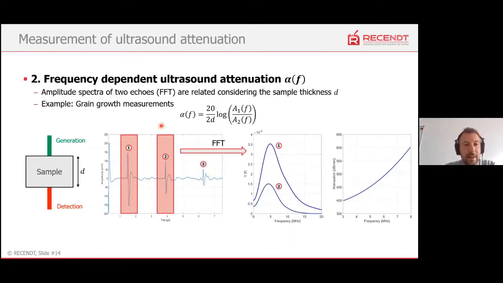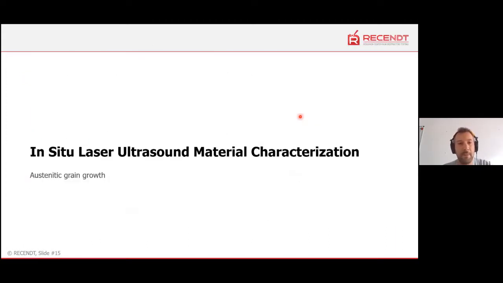We can see here the first echo, we make a fast Fourier transformation to get the amplitude spectra. And for the second echo, the same. By putting these into relation, we get the frequency-dependent attenuation. This parameter is used for the grain growth measurements, where I won't go into more detail now.